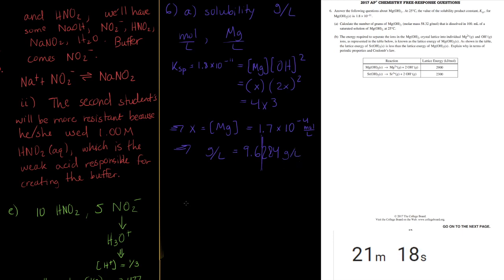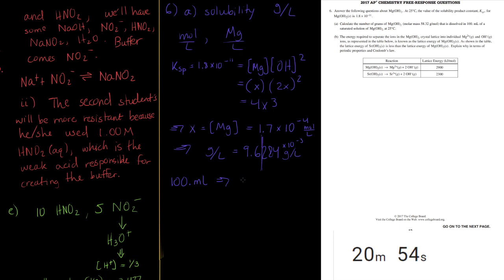And finally, how many liters do we have? We only have 0.1 liters. So this implies that in 100 milliliters, we get the final answer. We just divide our final thing by 10. Oh, shoot. This is times 10 to the negative 3.